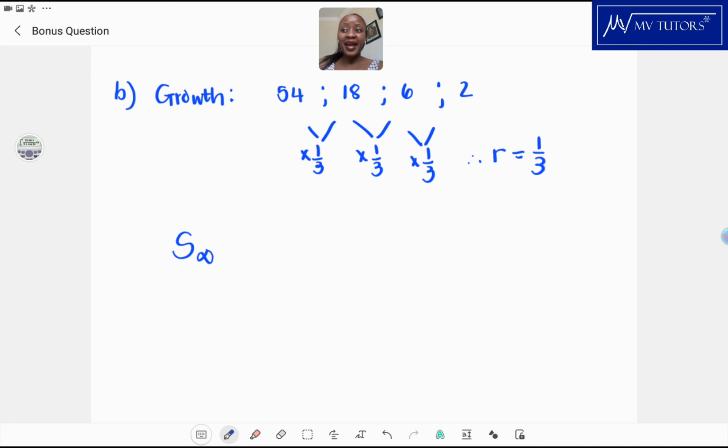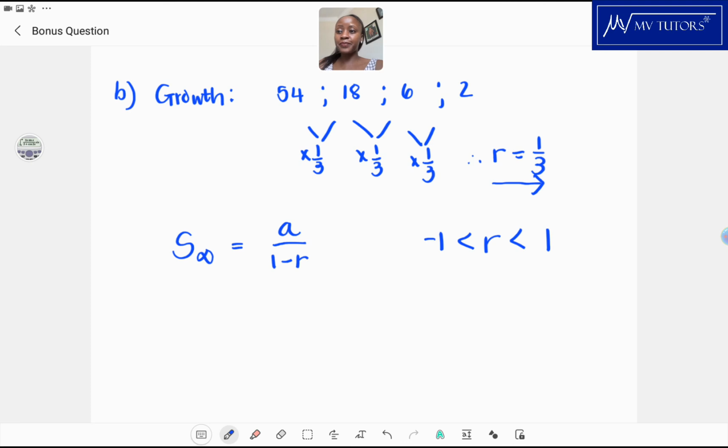The formula for that is a over 1 minus r. But before you use this formula, you need to check the condition for r. It has to be between -1 and 1, but it can't be equal to them. And we have a third here, so this qualifies.